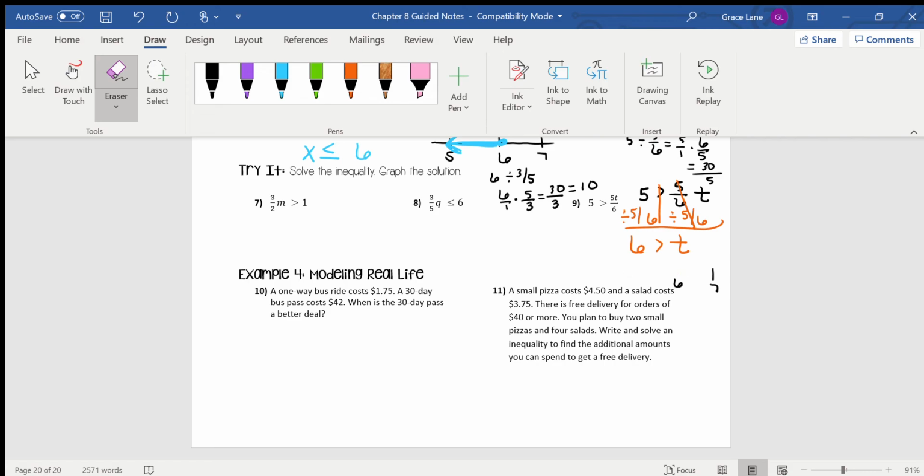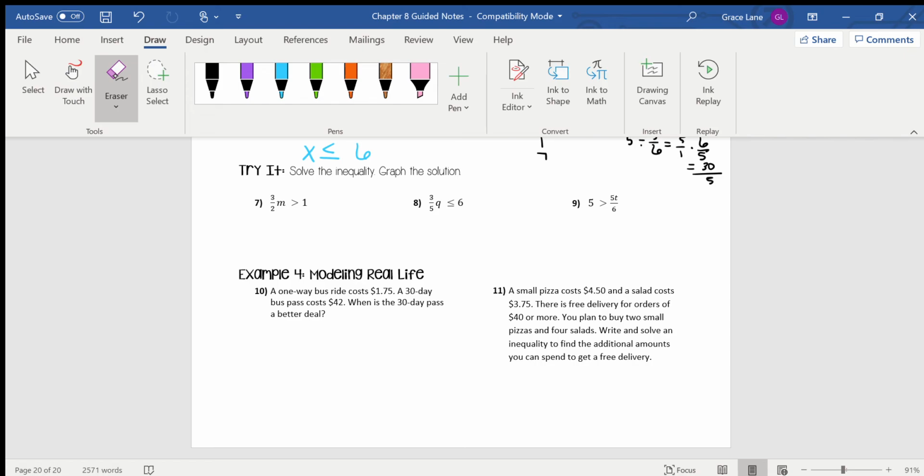When is a 30-day pass a better deal? The 30-day pass. So I think we did one like this last time, but we're gonna have to write an inequality, I believe. And so what it's saying is for one bus ride, you pay $1.75. If you know you're going to ride the bus multiple times, you can get a 30-day pass for $42, which, depending on how many times you ride the bus during that time, it should be cheaper.